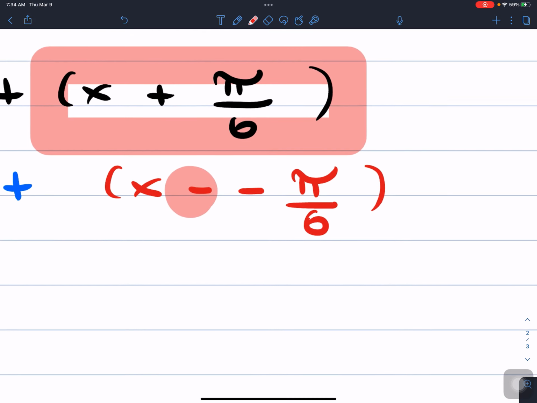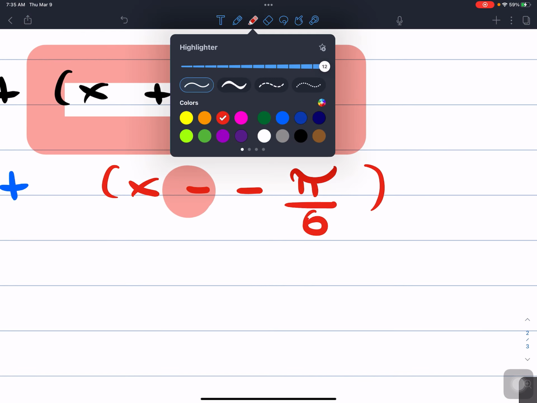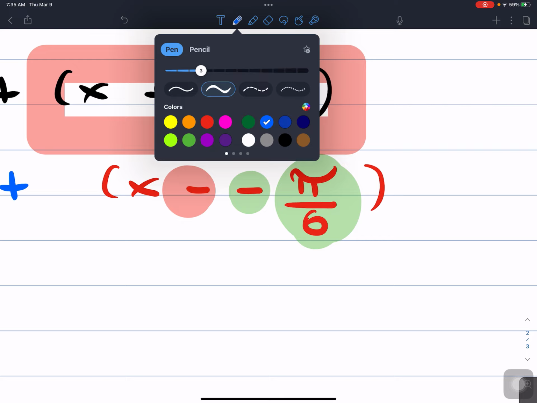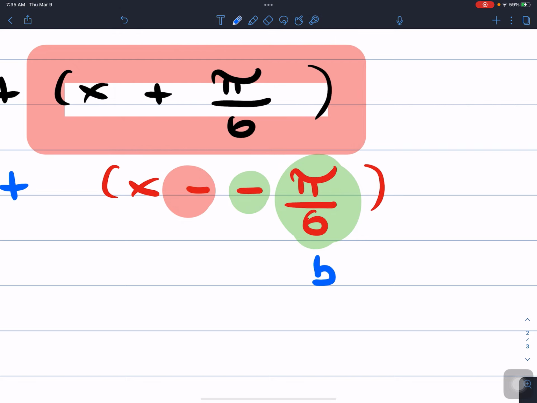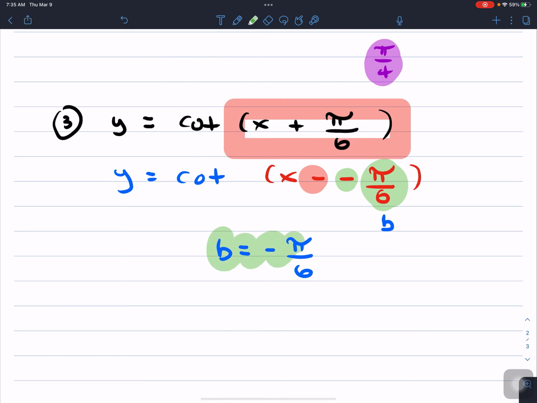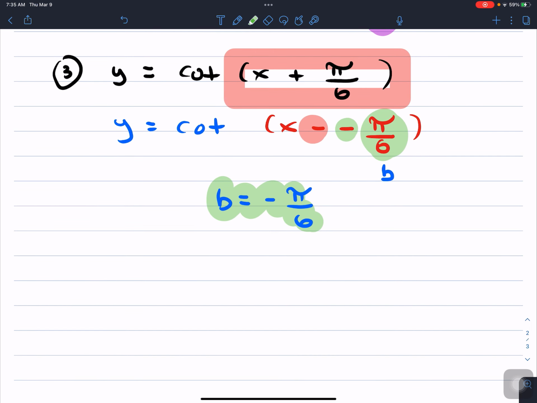What's your b value going to be? So now, very clearly, we know the phase shift value is negative pi over 6. There's your phase shift, ladies and gentlemen.